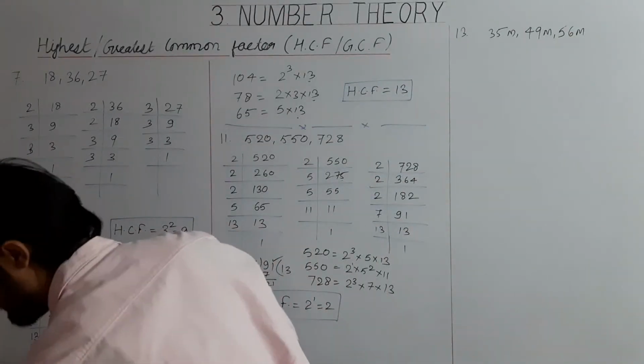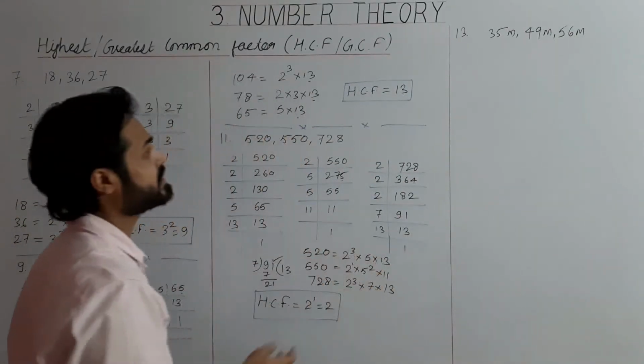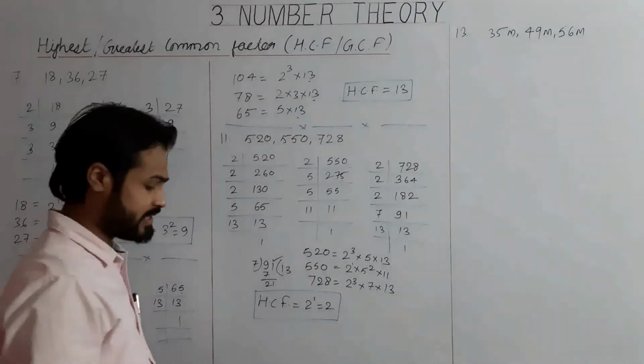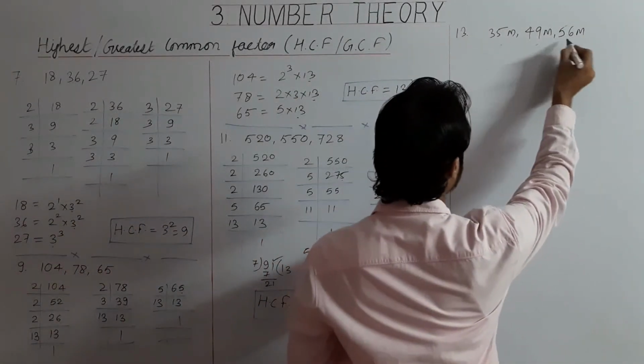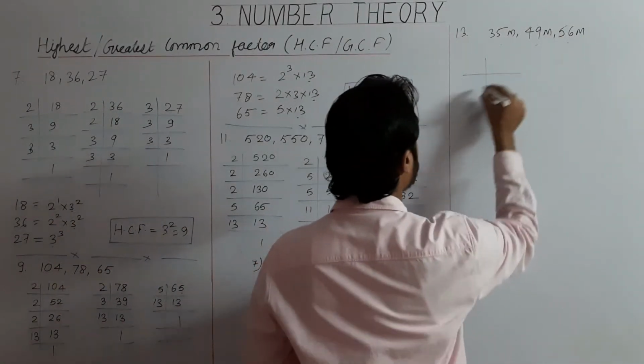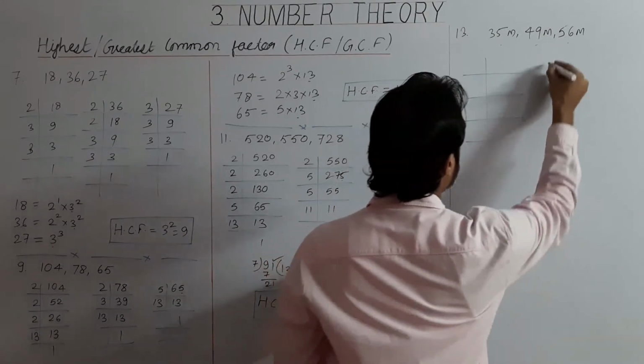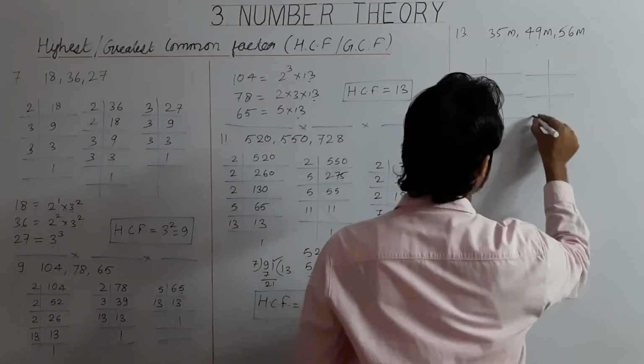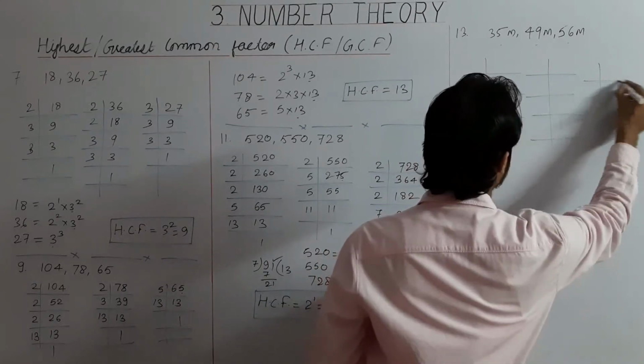So the maximum length of a piece is the HCF of these three numbers. So we have to find the HCF of 35, 49 and 56.